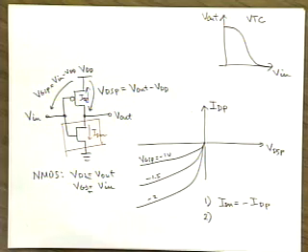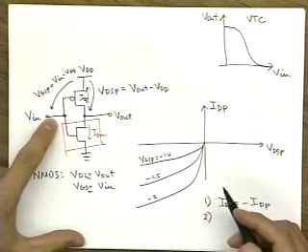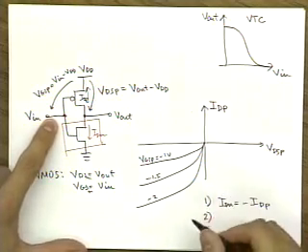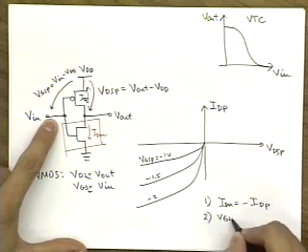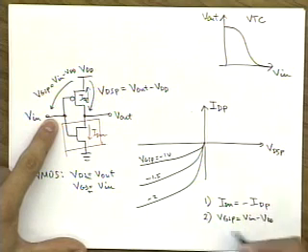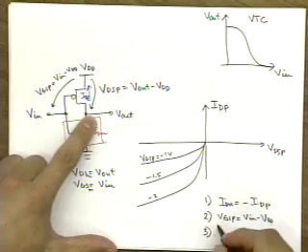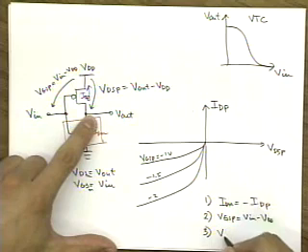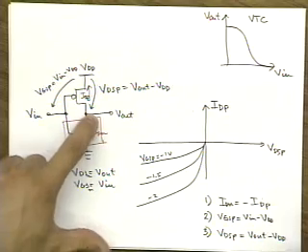Then we also have that VGSP is equal to V in minus VDD. And finally, for the VDS, we have that VDSP is equal to V out minus VDD.